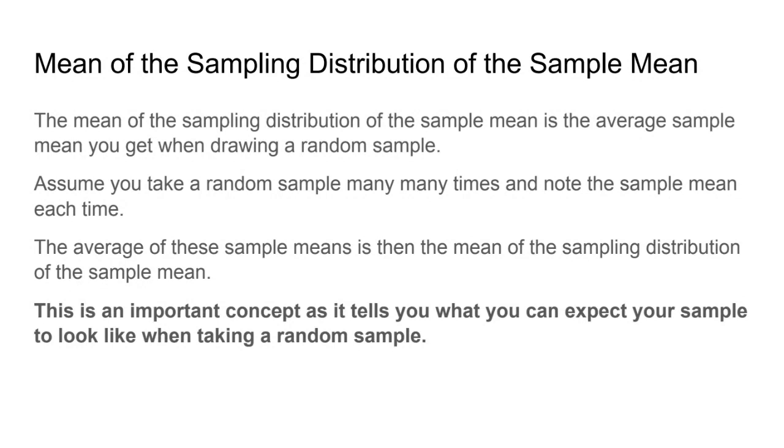Now, why would you be interested in knowing how likely it is to get a sample with a particular sample mean? We'll get to that later, but in a way, if what we actually find is very much different from what we expect, then this might show us that some of our assumptions about the population or about samples are wrong, right? And we'll make use of that in statistical testing and so on, right?